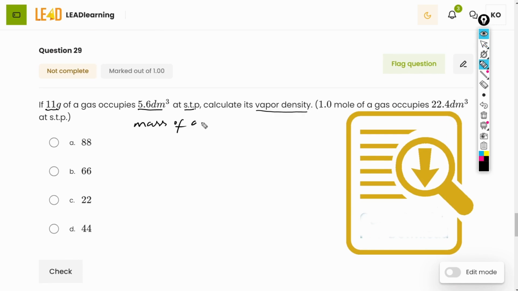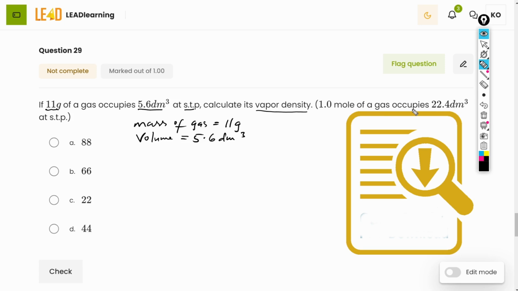The mass of the gas is equal to 11 gram. We also know the volume occupied by the mass of this gas. The volume occupied by this 11 gram is 5.6 dm cube. Now we have an important piece of information here: 1 mole of a gas occupies 22.4 dm cube.